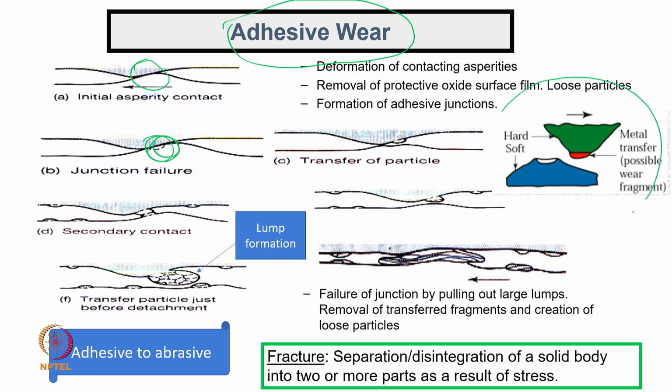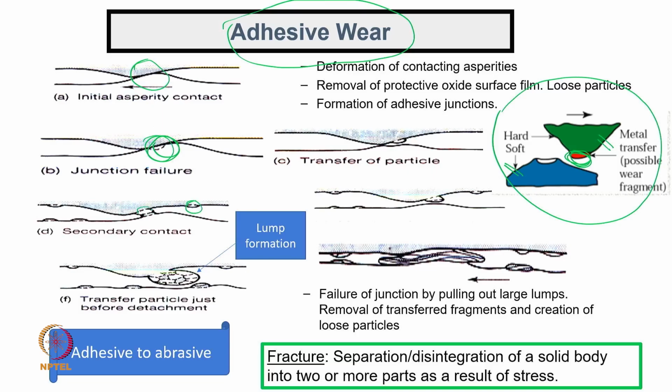That was shown in this picture, that material from the soft surface is transferred to the hard surface, and this is a kind of attachment which has come from the soft surface. So, this is the kind of material transfer that happens.